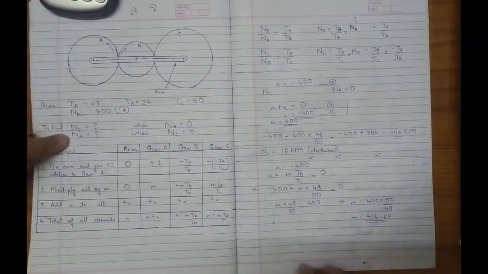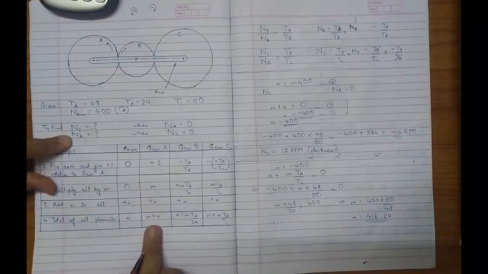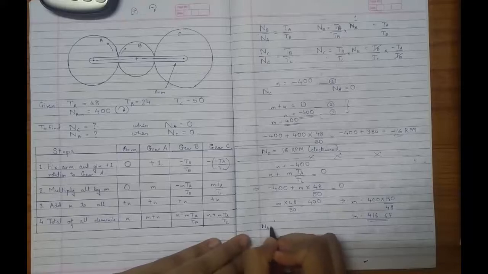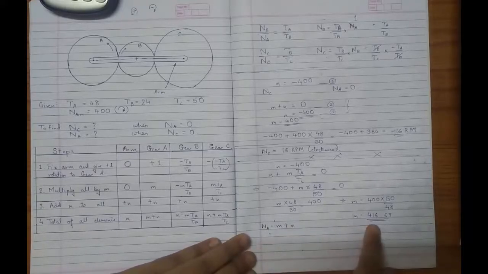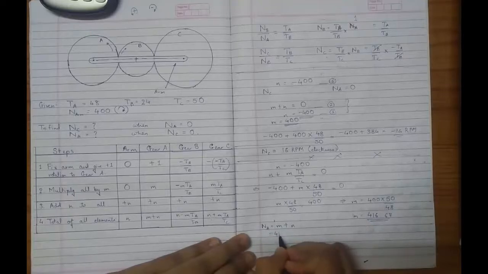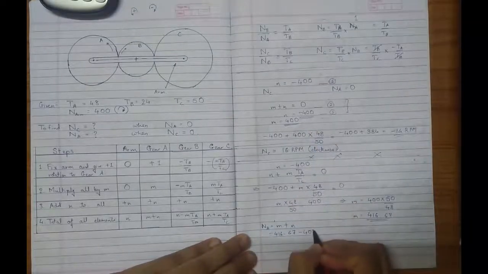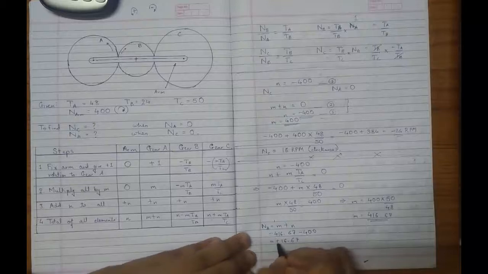What do we have to find? We have to find the RPM of A. What is the equation of RPM of A? M plus N. So Na is equal to M plus N. The value of M is positive 416.67 and value of N is minus 400. So it gives us 16.67 and this is positive.